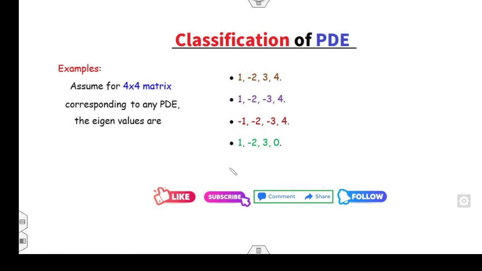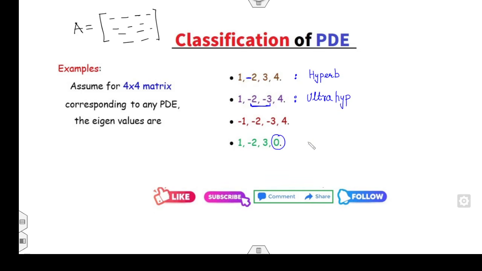For example, if I assume the matrix A is a 4 cross 4 matrix, and if you find the eigenvalues, you can get these numbers. Clearly it has an odd number of negative eigenvalues, so the first one is hyperbolic. Look at the second one: an even number of negative eigenvalues, so it is ultra hyperbolic.